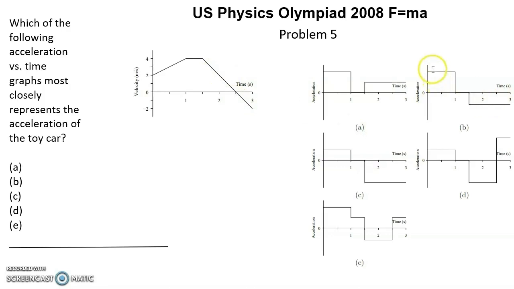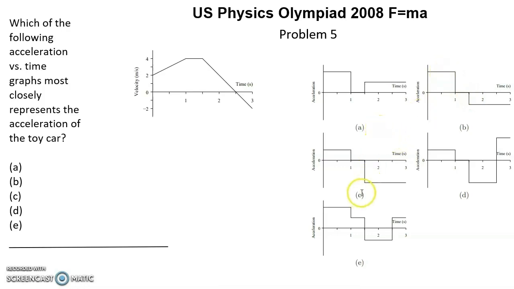B, we have positive from 0 to 1 and 0 from 1 to 1.5, and we have negative there, but the difference is that here we have +2 and -4, and here we have positive, but negative is twice less than positive, so it's no good. It's supposed to be negative twice greater by absolute value.